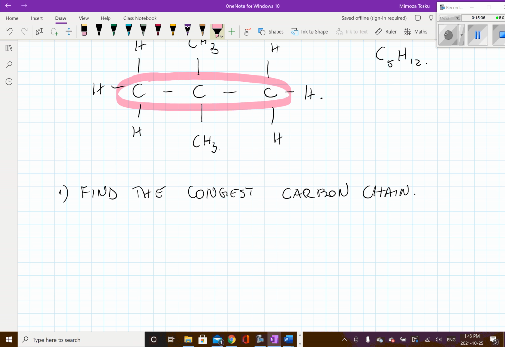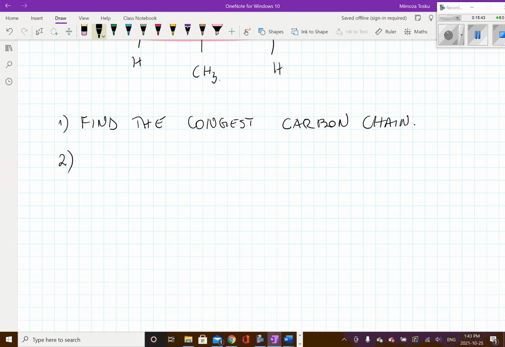Identify. The second step will be to number the carbon atoms, starting at the end closest to the branch.